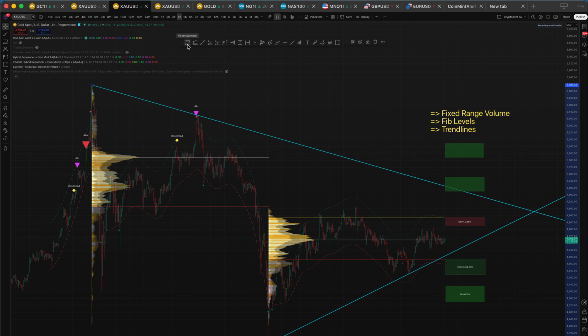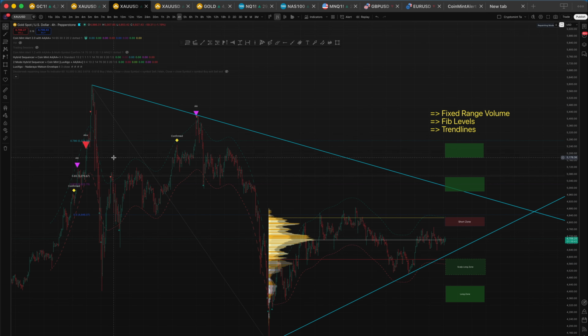So I would pull it from a swing high or the all-time high to the swing low. Currently I'll be looking to see where I'll be looking for shorts or where the sellers are sitting on the move down here. Okay, I have identified key zones on the Fibonacci retracement tool.